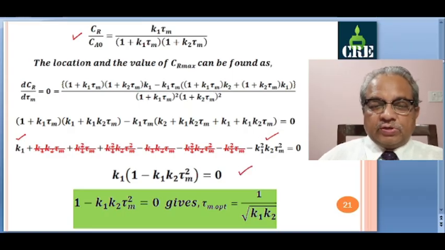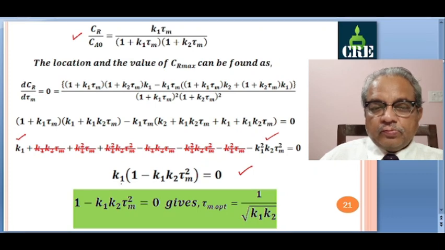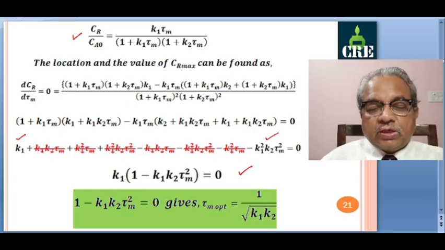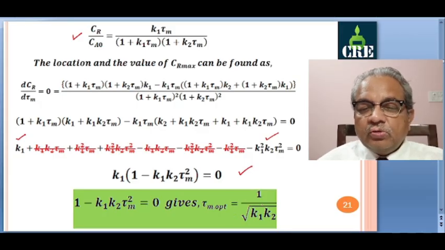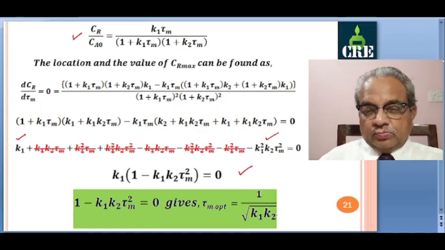This is the resulting equation you get. And K1 equal to 0 is not meaningful, so only 1 minus K1 K2 tau m square is 0. That gives us, transferring this to the other side, it becomes plus sign, tau m square is 1 upon K1 K2, and tau m will be the square root of 1 upon K1 K2.